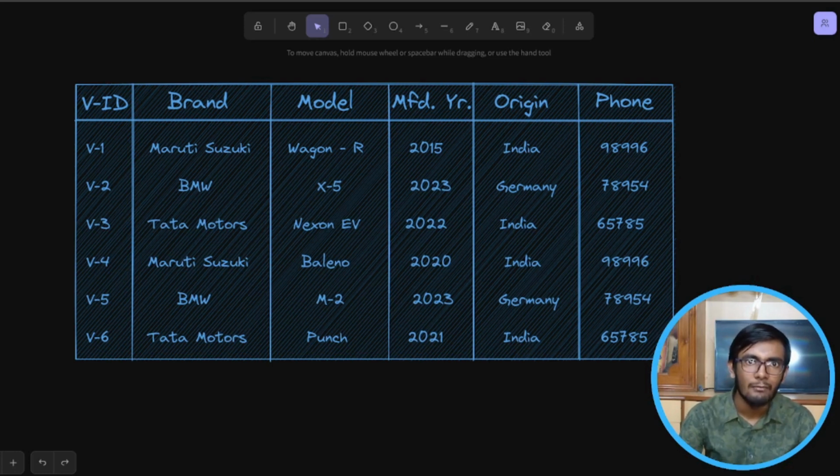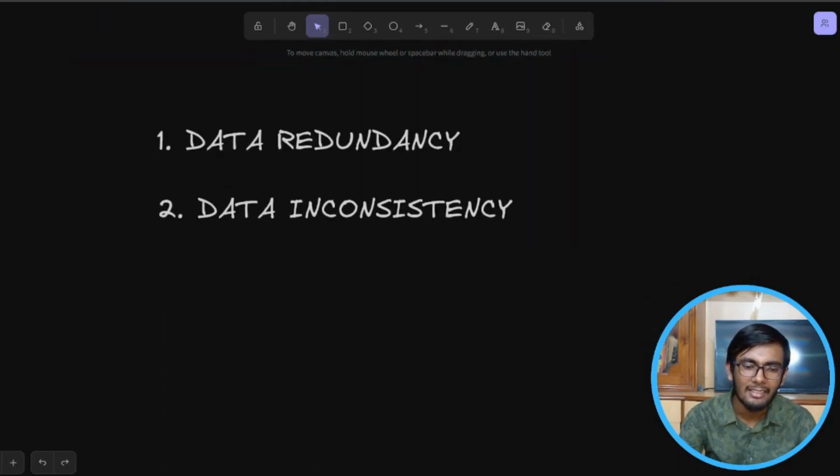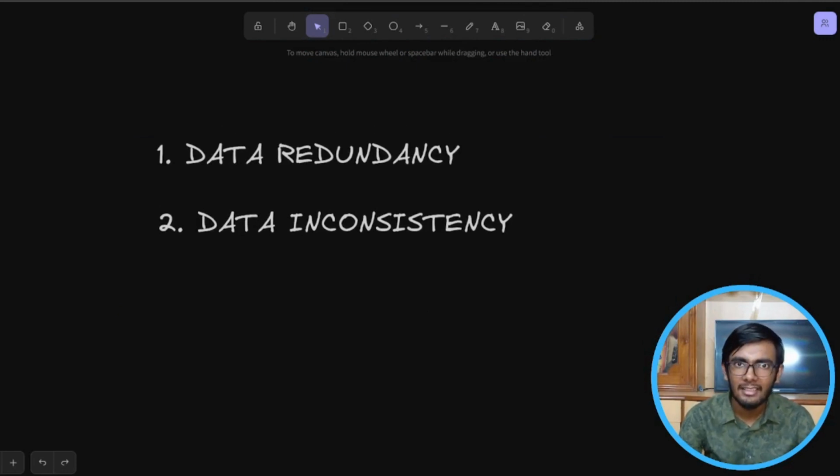Now, what if we miss one record? That scenario would lead to data inconsistency, which is nothing but our database having inaccurate data. So there are two problems in this scenario: data redundancy, which is repetition of data, and data inconsistency, which is inaccurate data in our database.